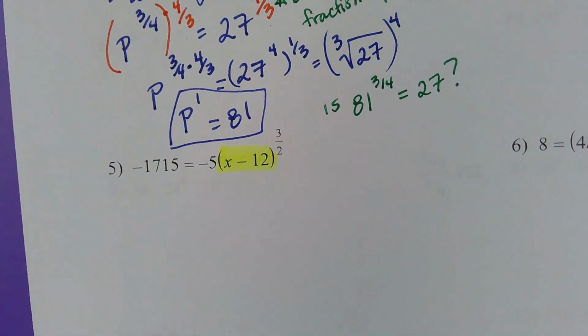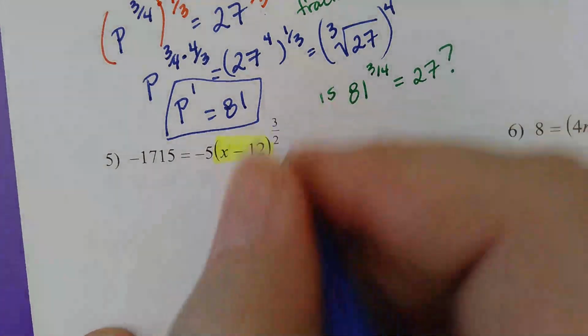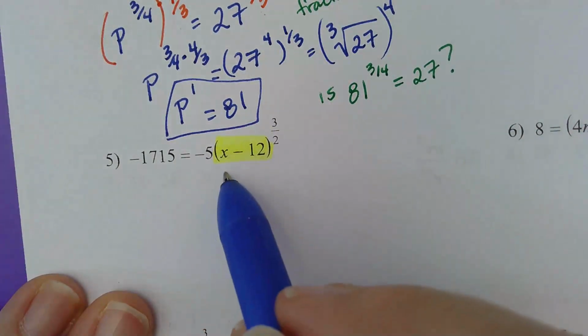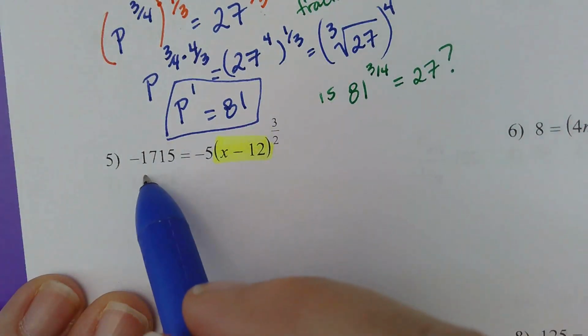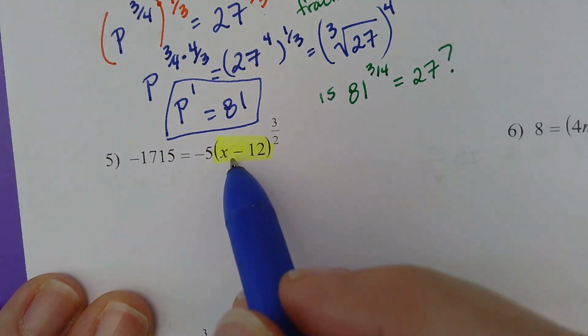If you want to use our make it look simpler trick, so that then you know what to do next, you can. I'm going to write it the other way so that what it's equal to is on the right side. That's how I'm used to having it, where my variable is on the left.